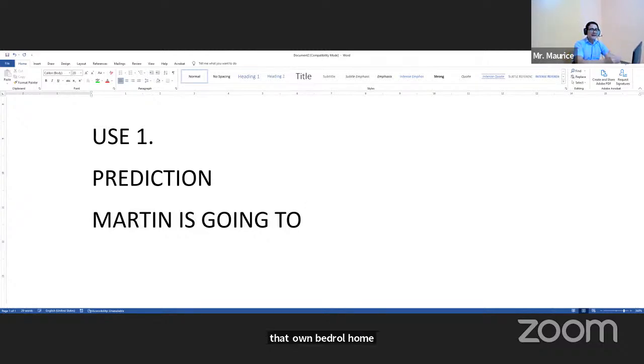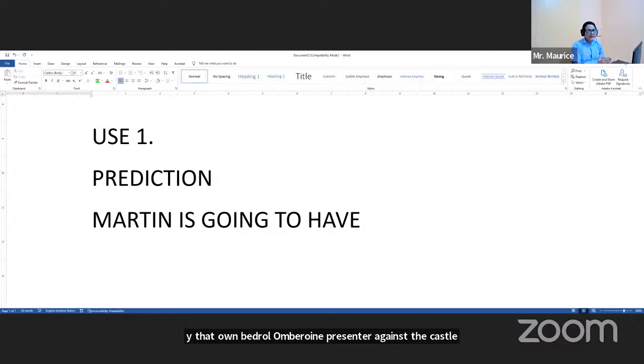Un verbo en presente. En este caso, yo utilicé have, que es el verbo tener. Martin is going to have. Martin is going to have an accident. Martin va a tener un accidente. Martin is going to have an accident. This is a prediction. Esto es una predicción, yeah.